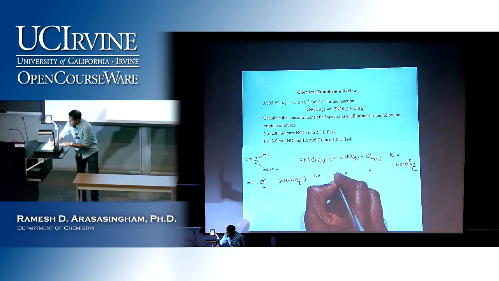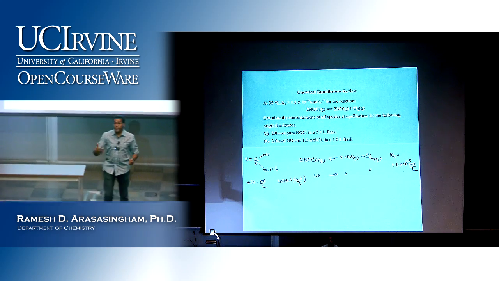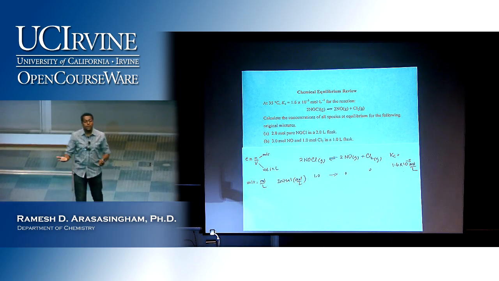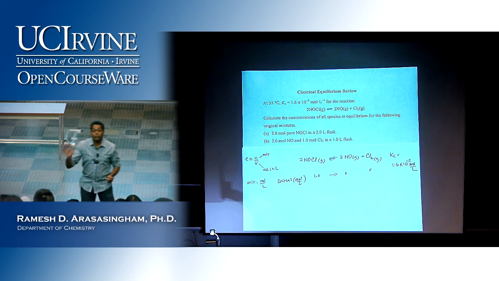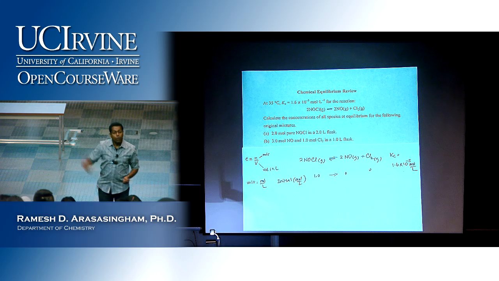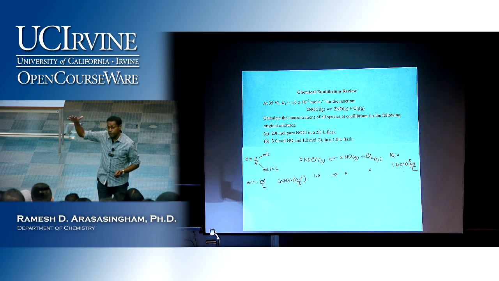Okay? There's another way you can do this, and you learned about that last time. You can calculate what? Q. All right? Q is the reaction quotient, which is the ratio of products to reactants before any reaction takes place. What is Q here? If your products are 0, what is Q? 0. So there's only one way Q can go. It's got to go from 0 to 10 to the negative 5. Do you understand that?